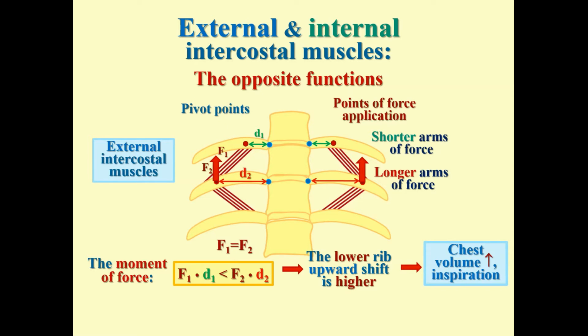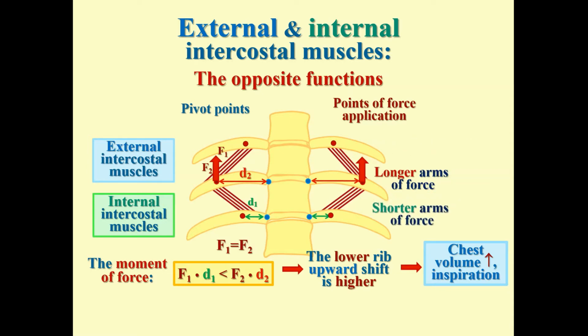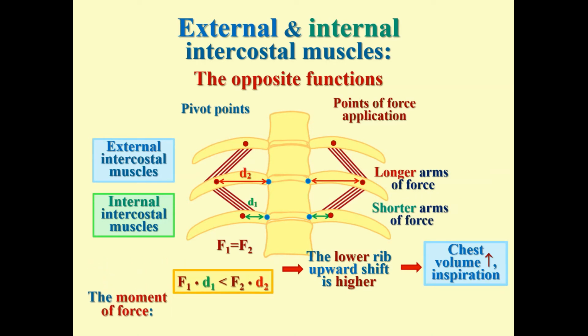Now let's observe the internal intercostal muscles, which are shown lower. Now we compare these two distances. And now the short distance is for the lower rib, and correspondingly the longer distance for the upper rib. And again, you see, all the variable things in the equation remain the same, just we move the shorter arm lower, and everything remains the same.